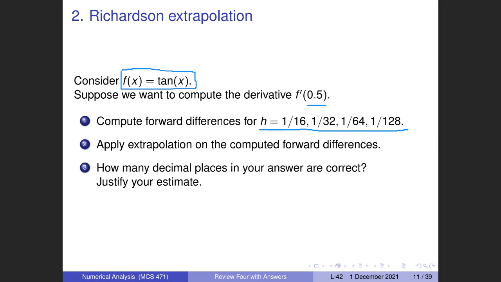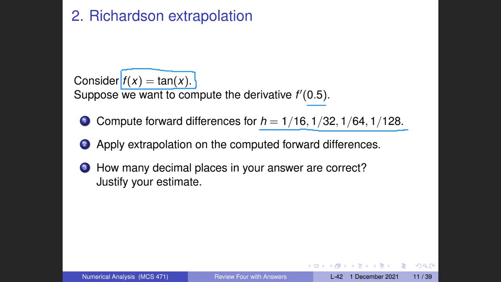We are at the point 0.5, and we start our forward differences at 1/16, and then we cut h in half in each step. Like we experienced in project 4, working with powers of 2 in the denominator of h is advantageous numerically.